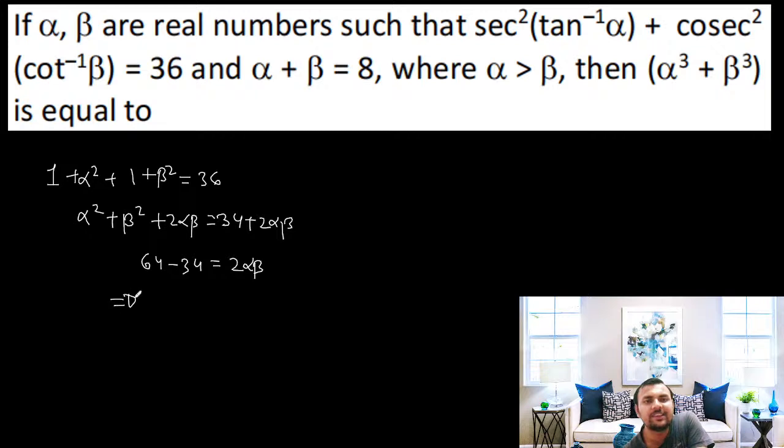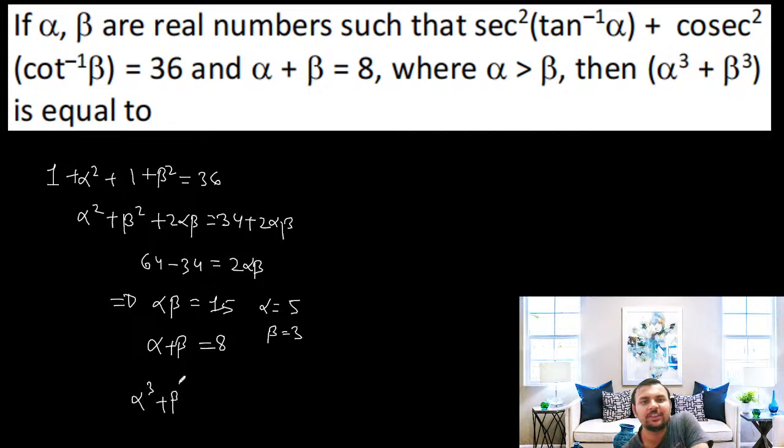We can say that alpha beta is 15. We are told that alpha plus beta is 8. So can we say that alpha is 5, beta is 3? So alpha cube plus beta cube is nothing but 125 plus 27. This is 152.